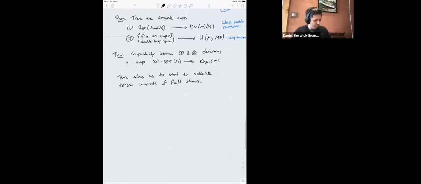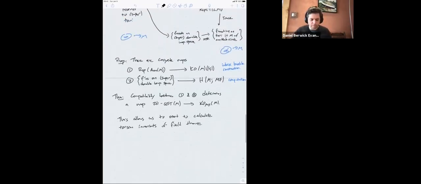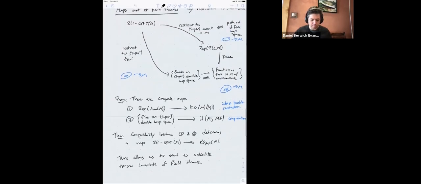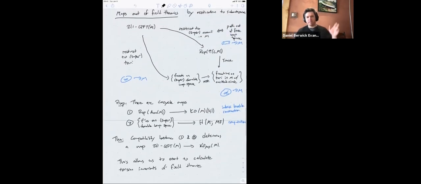So I'll say a bit more about that in just a second, but for now, I just want to give the picture again that you're starting with this category of field theories. It's very complicated, hard to analyze, but it has these nice subcategories, for example, of annuli that glue together, or just tori as bordisms from the empty set to itself. You can restrict to those subcategories, and what you get is something that's actually calculable.